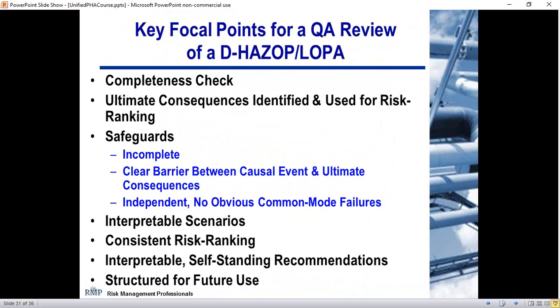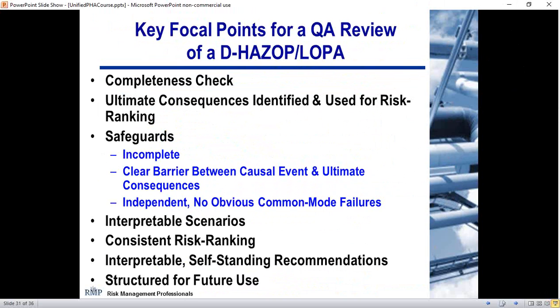Are they clearly a barrier independently between the causal event and the ultimate consequences? Also, are safeguards independent? Did they just list out a bunch of stuff, or are they independent from the causal event so there's no common mode failures, either between the independent protection layer and the causal event, or between multiple independent protection layers?